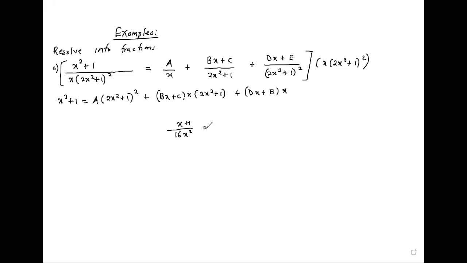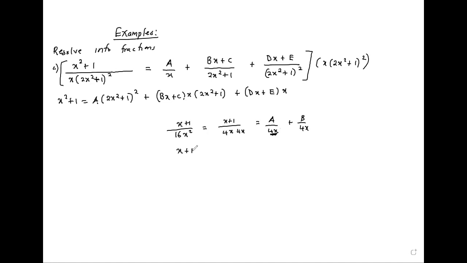This can be written as x plus 1 over 4x times 4x. But you can't say a over 4x plus b over 4x. No, because 16 cannot go in 4.